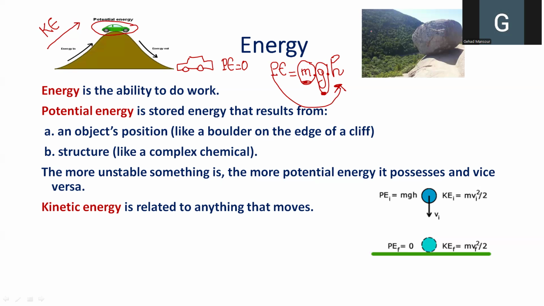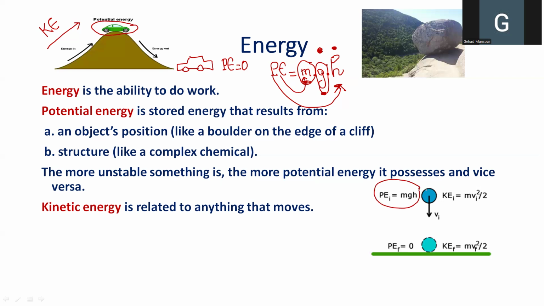On the other hand, if you have two cars that are at the same height, in such a case the height will be constant, the acceleration due to gravity will also be constant, and potential energy will be directly proportional to the mass, meaning that the greater the mass of the car, the greater the potential energy. And this is what you can see here in this example of the ball.